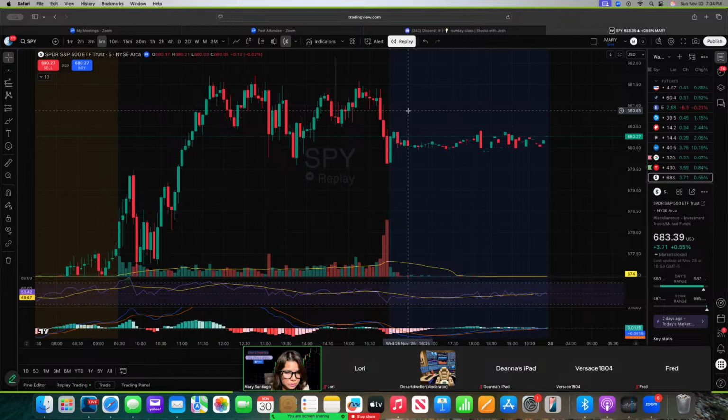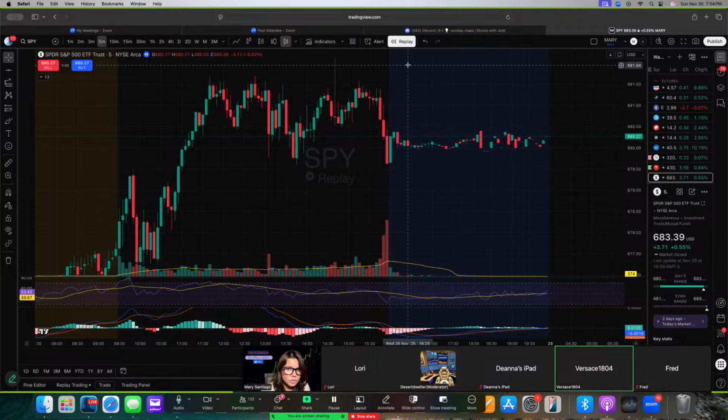But for beginners, I always suggest to at least enter during the 5 minutes. The 3 minutes is good for me if I would like to exit early, just in case there's an early reversal. But if I'm entering a trade, I try to avoid using a shorter time frame than the 5 minutes. Gotcha. We could try and I'll show you guys the difference.